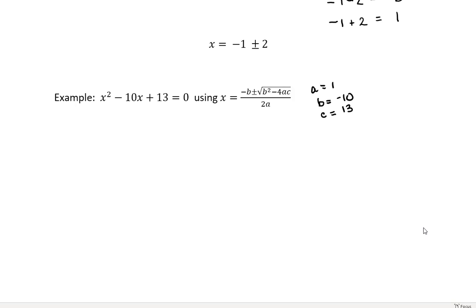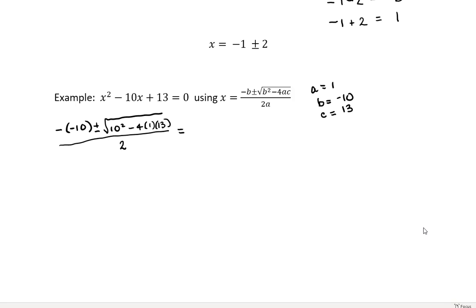I'm just literally going to start plugging everything in. So I'm going to have a negative 10 plus or minus the square root of 10 squared minus 4 times 1 times 13 all over 2 times 1. So I'm going to just put a 1 or 2. All right, so that should get me started.